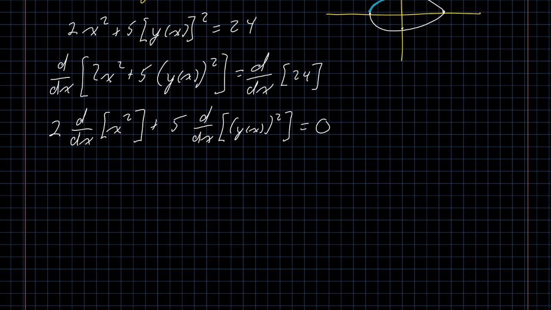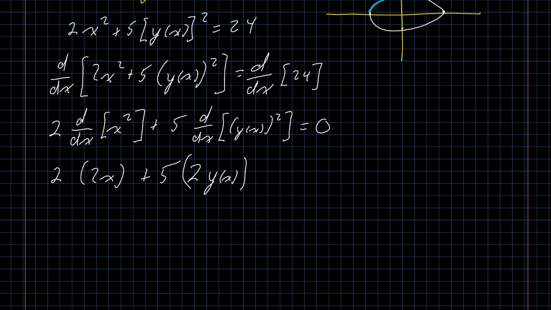The derivative of x squared, just following the power rule, is going to be 2x. And then there's another 2 that's been hanging out in front. The derivative of y squared, following the power rule, is going to be 2 times y. But I'm taking the derivative with respect to x, and y is a function of x.